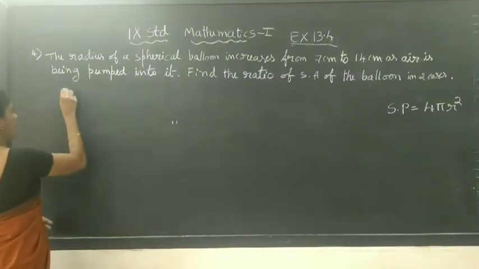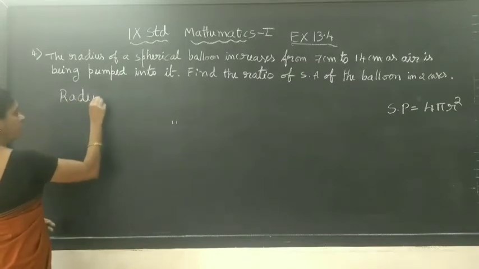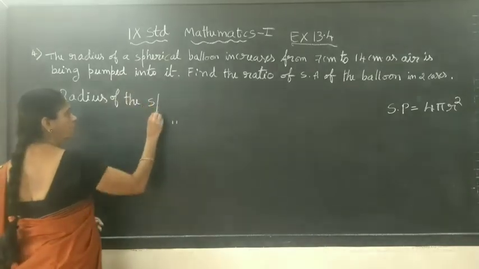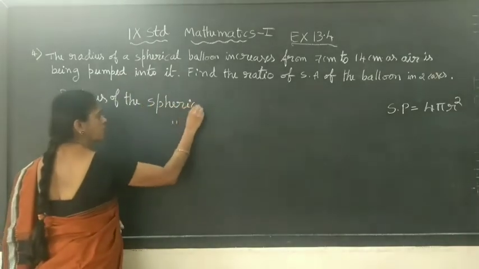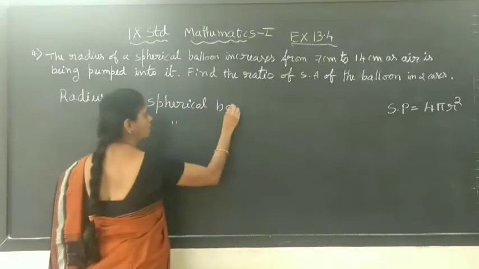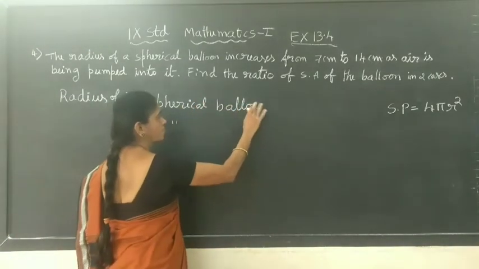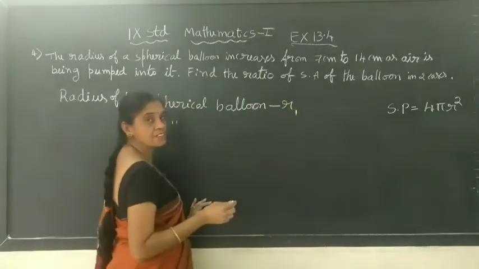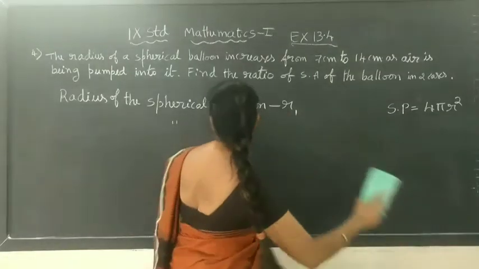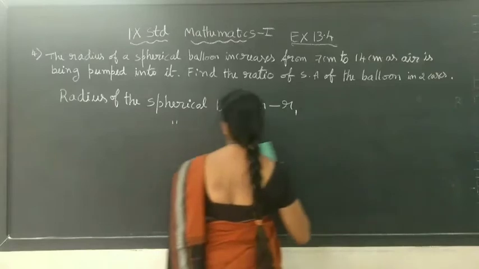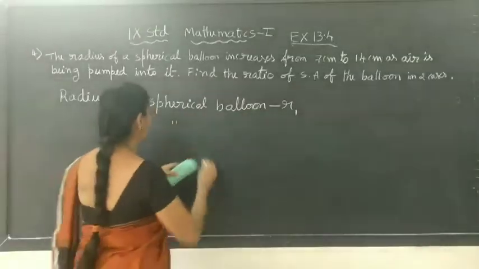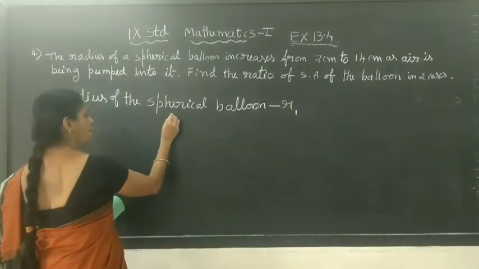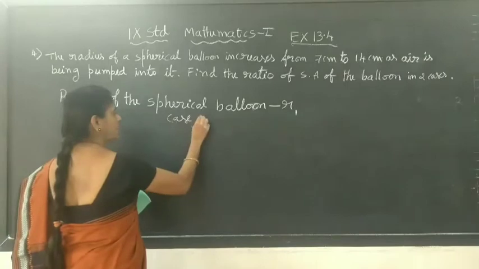So we will write: radius of the spherical balloon, R1 we will write, because there are two cases. Radius of the spherical balloon, case 1.